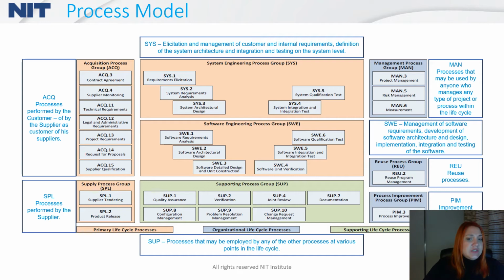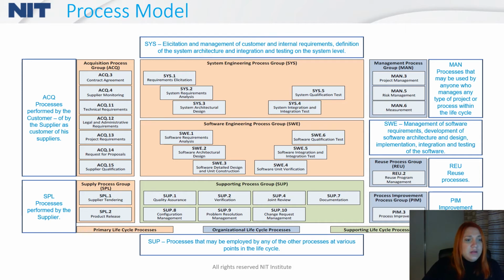In the acquisition process group, we have the processes which are mainly performed by the customer, or by the supplier as customer of its suppliers. Then we have the process performance by the supplier in the supplier process group.